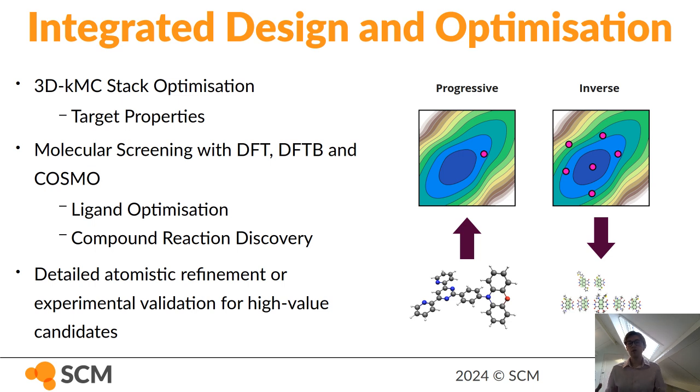So once we know the types of molecules that we want, we can perform screenings, which we can either do using traditional quantum chemistry or semi-empirical approaches to look for desirable emitters or desirable host guest systems. We can do this by either focusing on things like ligand optimization, we can focus on the minimization of loss processes in the morphology. These are all different factors that we can then consider.